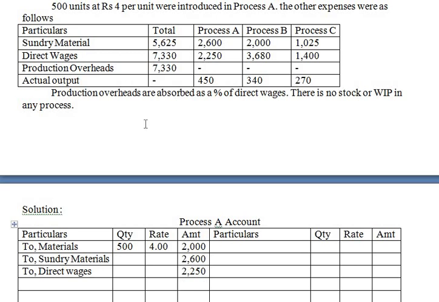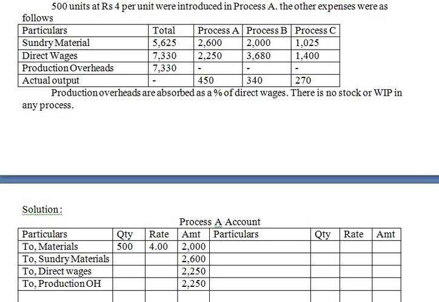For production overheads, they have given us some information. Production overheads are absorbed as a percentage of direct wages, and as the total amount is the same, whatever we have for process A, the same thing we will take for production overheads. Amount is the same, 2,250.